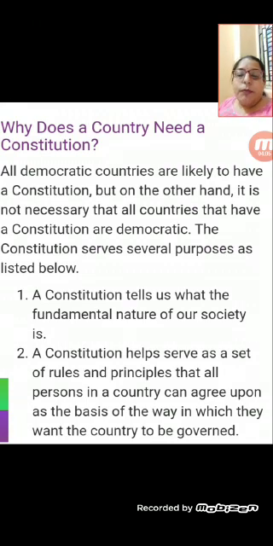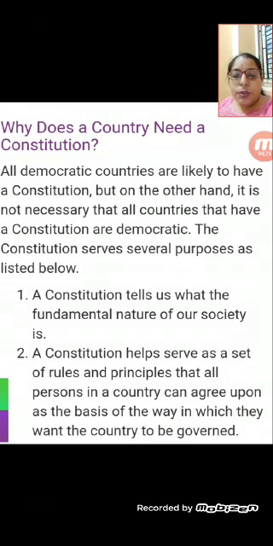Now here, both types of government have contrasting situations. So Nepal required a new constitution, which would tell what type of country its people aspire to live in. Because the people of Nepal wanted to live in a democratic country.